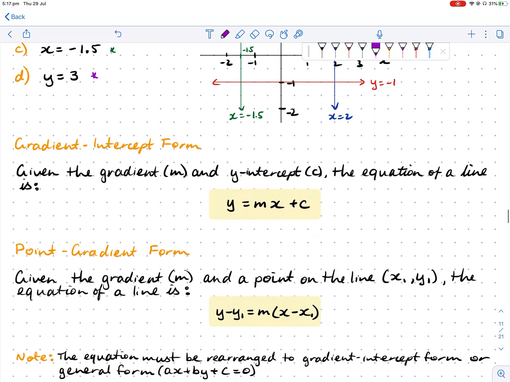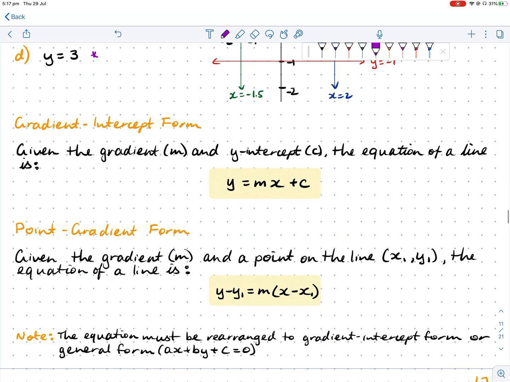Now moving on, we're looking at if we have a sloping line. So rather than horizontal and vertical, we're looking at lines that have some gradient on it. And the gradient intercept form is the one that you should be familiar with. So if we know the gradient value, and we use m for that abbreviation, and the y-intercept, and we use c for that, then the equation of the line is written as y equals mx plus c.